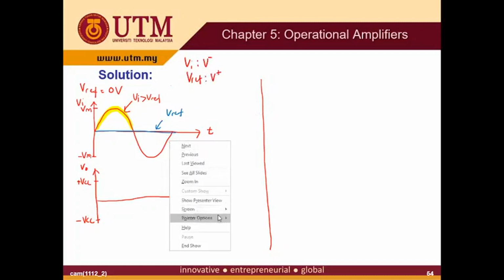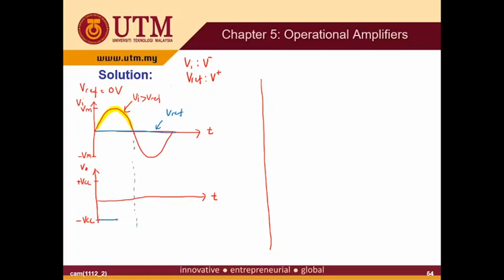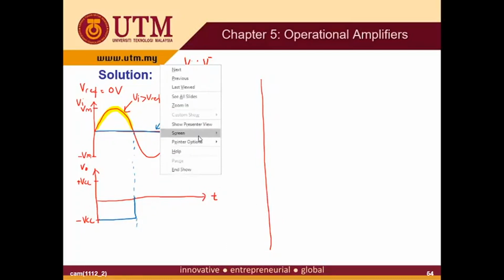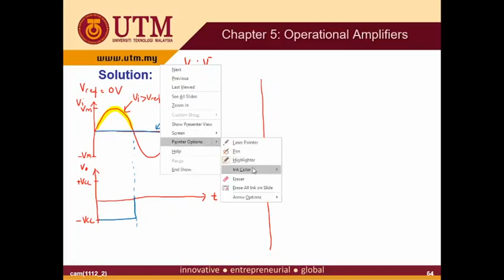Okay, in this case, when V in is larger than V reference, or we can say V minus is larger than V plus, because V reference is V plus, this is where the V out is equal to minus VCC. And then you also have the region where the V in is lower than V reference.